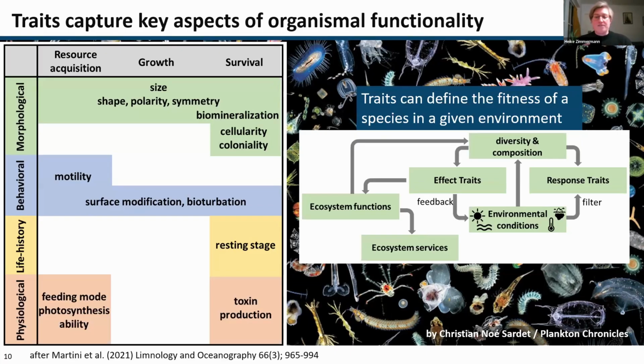So we have a certain diversity in species composition, but environmental conditions can act as a filter on certain traits, and therefore also on the diversity and the composition. But other traits, so-called effect traits, really affect ecosystem functions and thereby also ecosystem services that are so important for us humans. On top of that, effect traits can also give a feedback on environmental conditions.